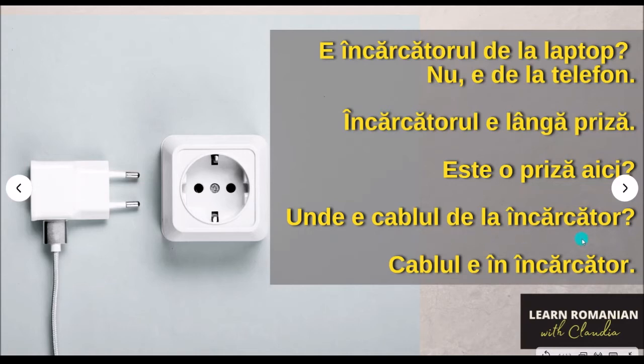From charger, that doesn't have a definite article. We just say from charger, not from the charger. Cablul e în încărcător. The cable is in charger, yeah, not in the charger. Cablul e în încărcător. I'll read these again.